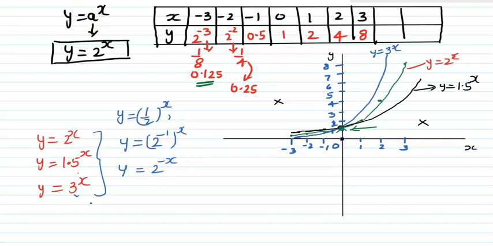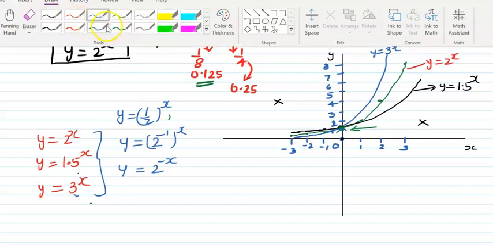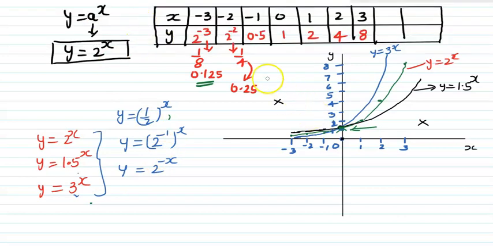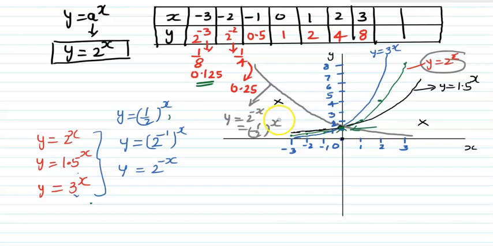If you sketch this graph, 2 to the power x is this one, and 2 to the power minus x will be a reflection along the y-axis, and the graph will be going like this. So this is the graph of y equal to 2 to the power minus x, or you can say half to the power x. Okay, any question, guys?